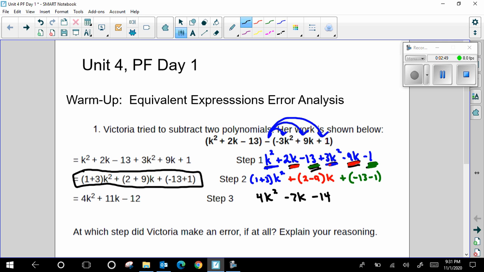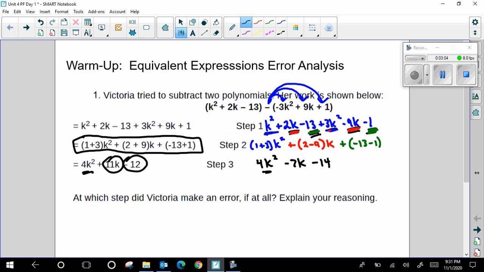So we can see that our k squared term is correct, but then we have these two terms that are incorrect. The place she made her error, if we look right here, she has a positive 2 plus 9, and we have a 2 minus 9.